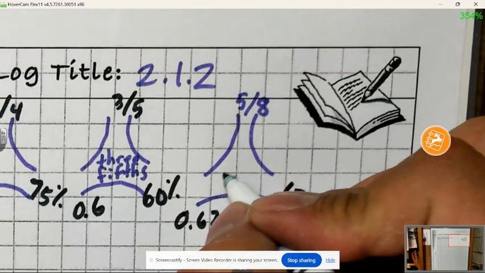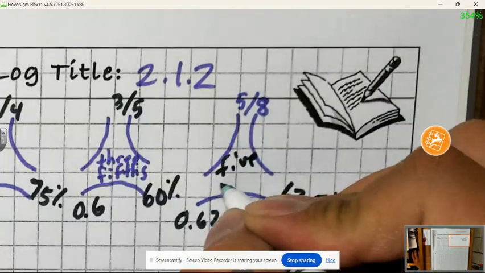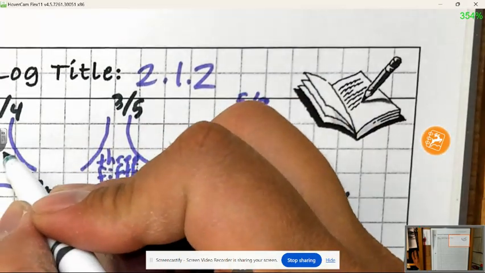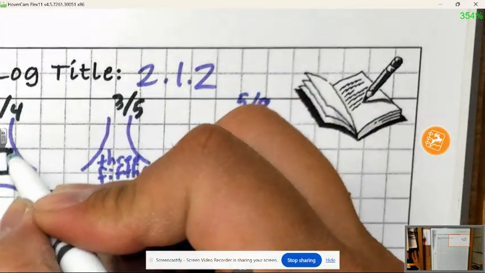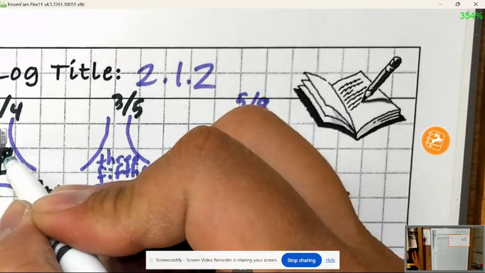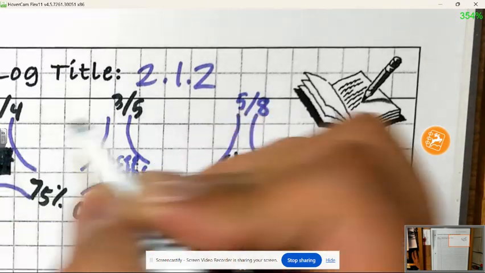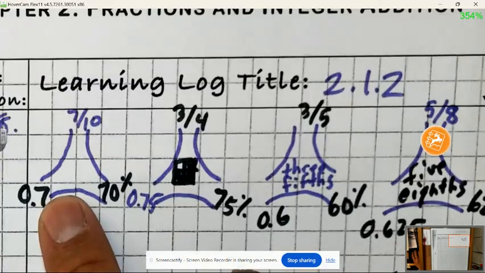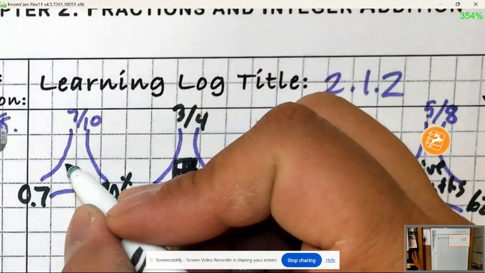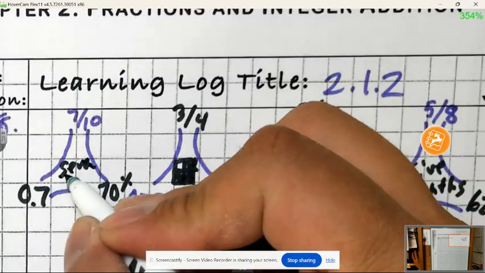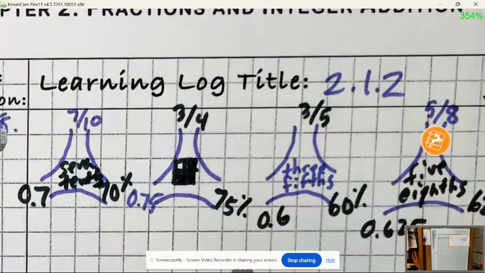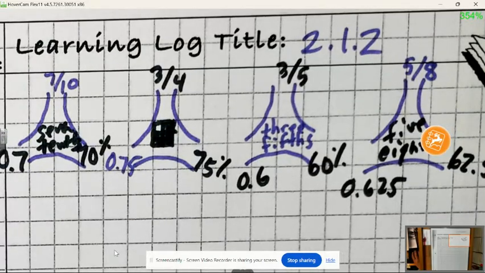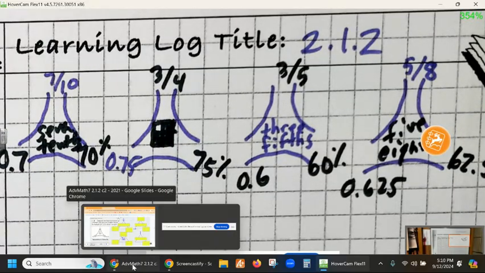Alright, and we can say 5/8. Okay, and we didn't do this one. This is 3/4, and I'm going to do a drawing for that one. Here's 1, 2, 3, showing 3/4. Okay, and oh, we didn't do this one either, 7/10. Alright, so that's our practice with the portions web.